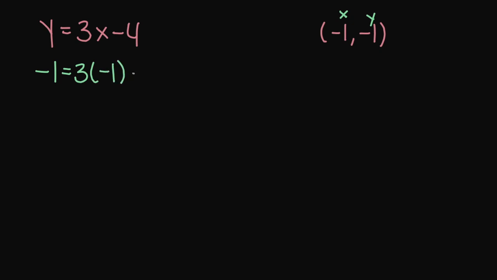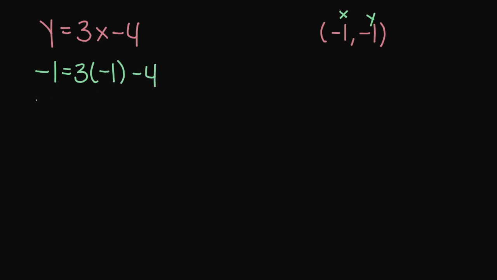Let's look at this equation, y equals 3x minus 4. And let's say my ordered pair here is going to be (-1, -1). Let's label x and my y. I'm going to plug my numbers into the equation. So -1 equals 3 times -1 minus 4.